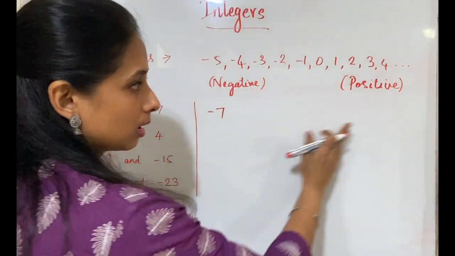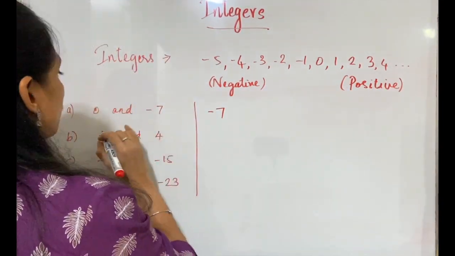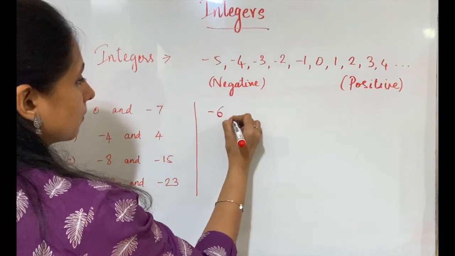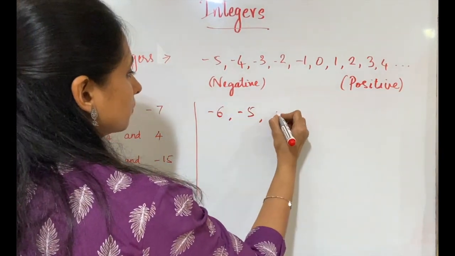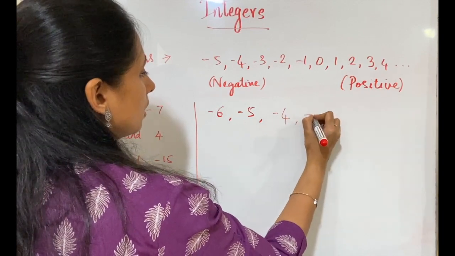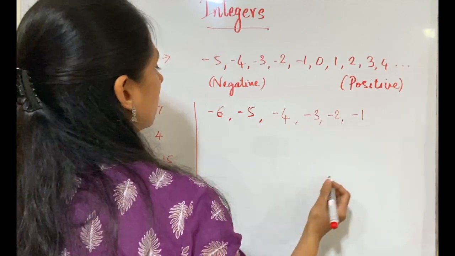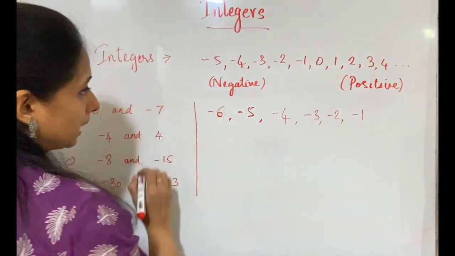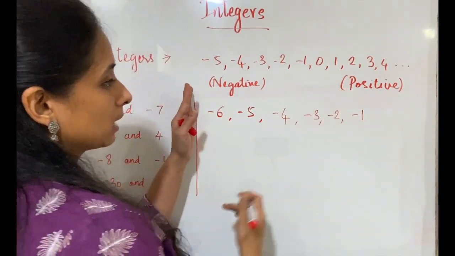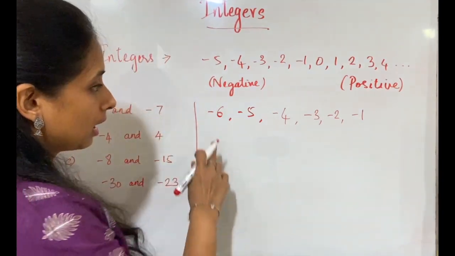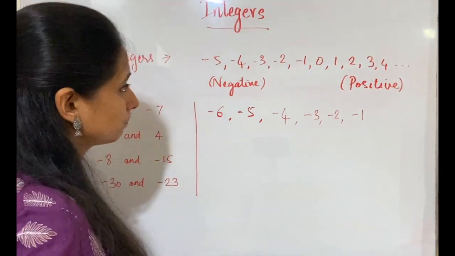Okay, I have to write the numbers in the increasing order. So I'm not going to write -7. I'm going to write -6, -5, -4, -3, -2, -1, and then 0. And here we have -7. So in between -7 and 0, we have all these integers. Okay, I've written them in the increasing order.